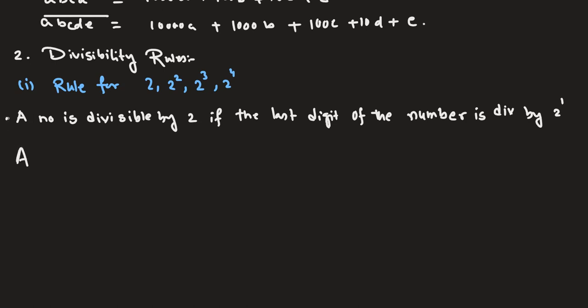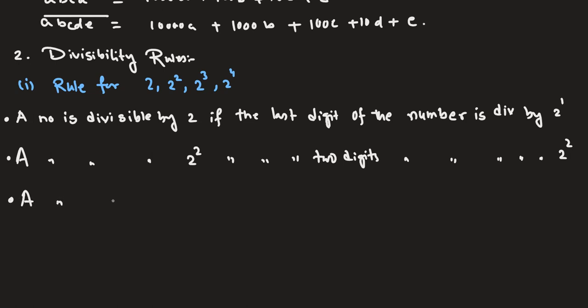Similarly, a number is divisible by 2 square, that means 4, if the last two digits of the number are divisible by 2 square.